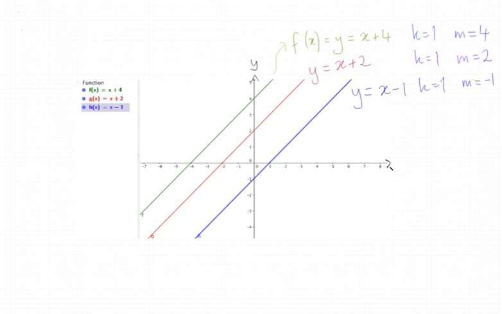This is my x and this is my y. So the meaning of the m value is where the line intersects the y-axis.